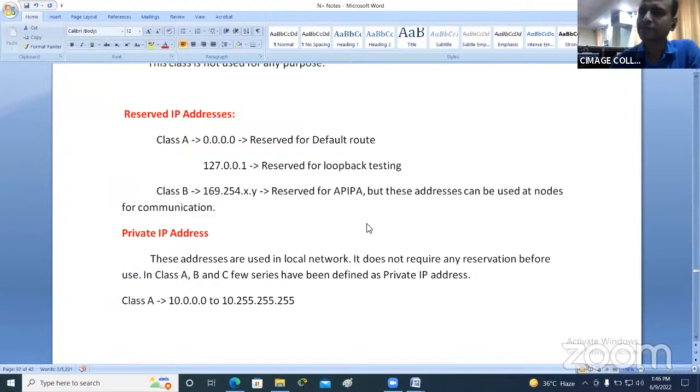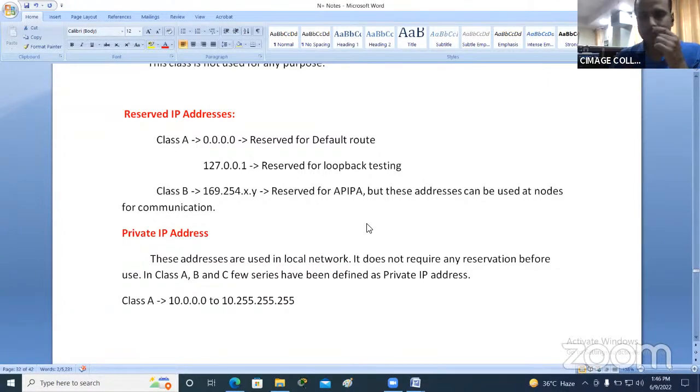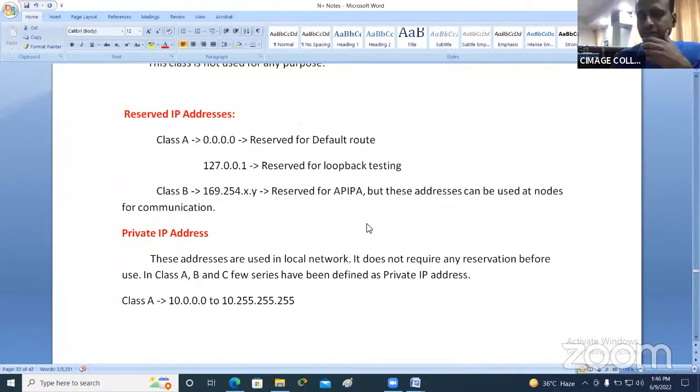What is loopback testing? Loop. You all know what a loop is. You are using different languages to make programs, to develop applications, and in all those languages you have studied looping: do-while loop, for loop, nested loop, if-else conditions.